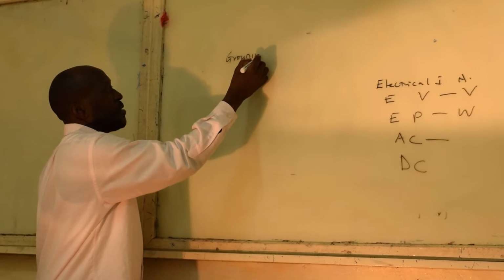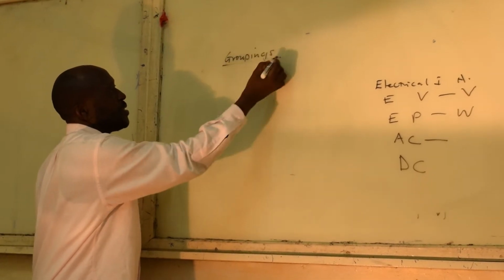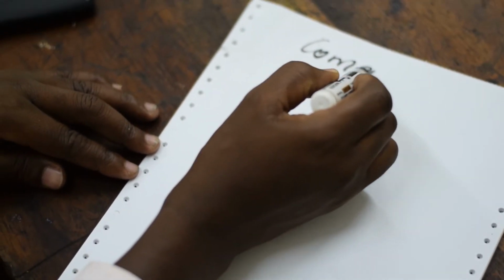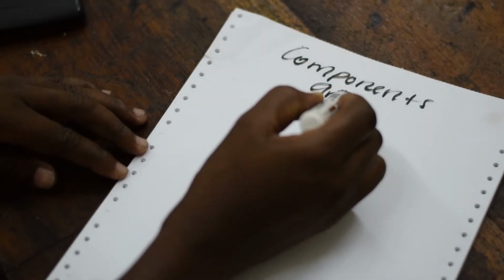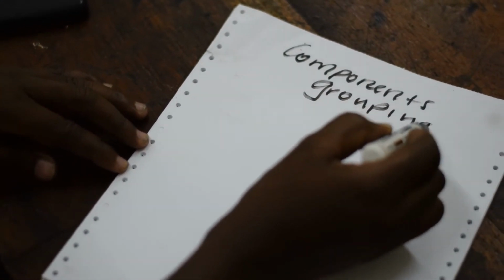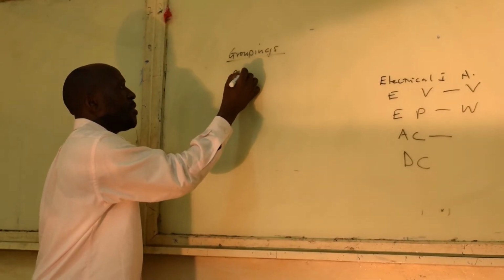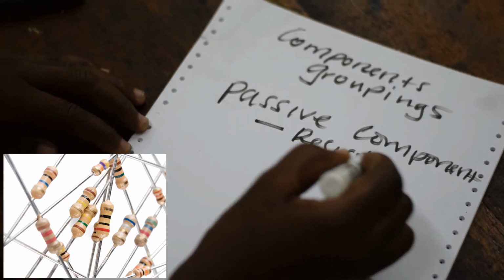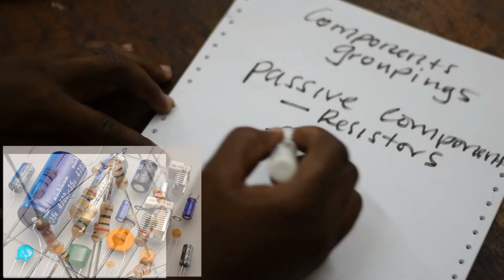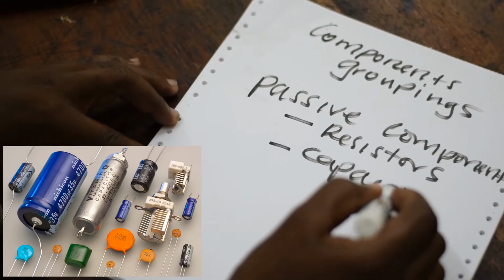So basically, the components associated with electronics can be divided up in the following groups. 1. Passive components. Examples of passive components include resistors, capacitors.